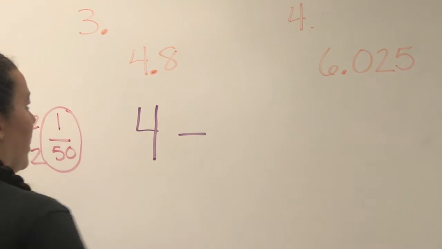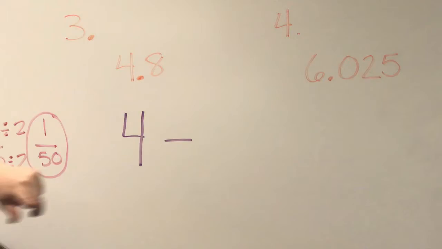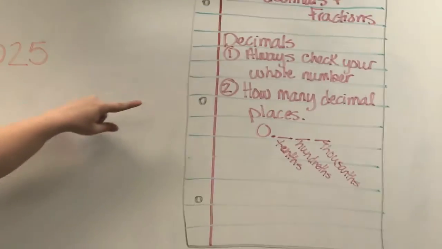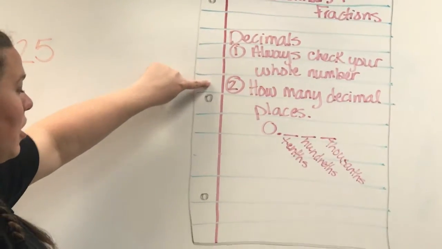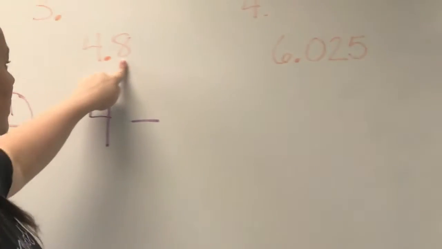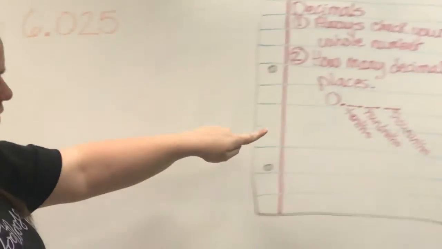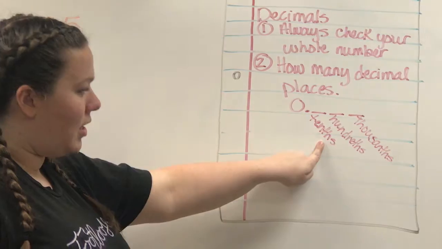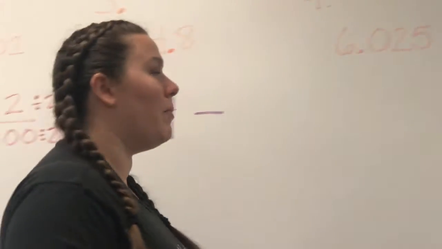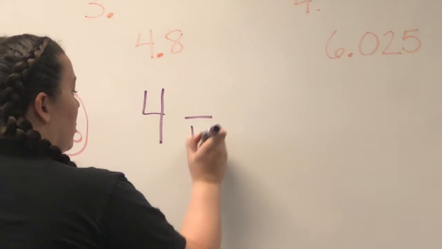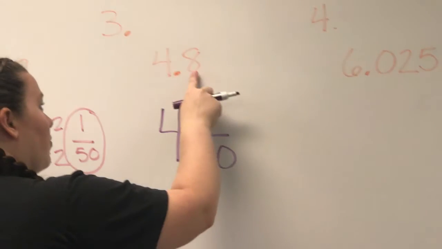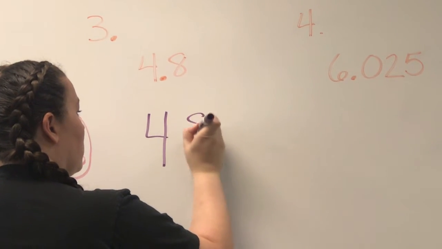And then put a fraction line. 0.8. What's my rule over here? How many decimal places are there? I see that there is only 1 decimal place. I see that that is in the tenths place. That means that is going to be my denominator. Tenths place. And then you're just filling in what is in the decimal.